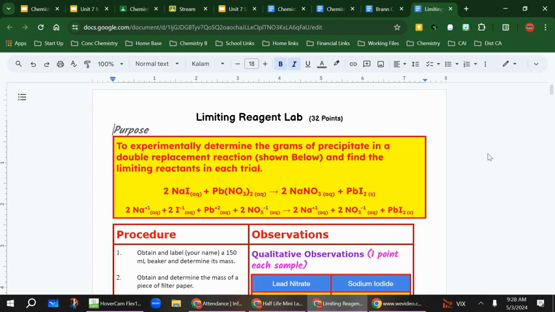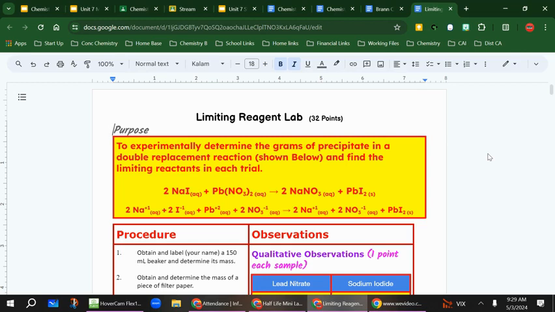Now, all of this stuff, though, will be in a beaker together. All of it. The problem is, I only want the what that is created in this reaction. The precipitate. I only want this solid. So in the lab, what you are going to have to do, ladies and gentlemen, is get rid of this stuff.